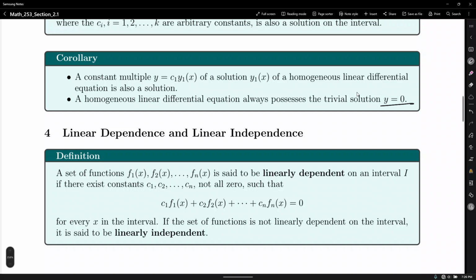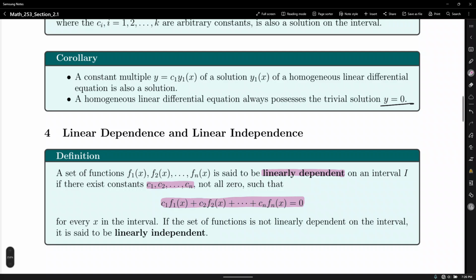Well, let's talk about the linear independence and linear dependence of these solutions. A set of functions f1, f2, f3, f4, etc., f sub n is said to be linearly dependent on some given interval if there exist some constants c1, c2, etc., c sub n, not all zeros, such that a multiple of function 1 plus another multiple of function 2 plus etc. gives us the zero function, or the trivial solution, for every x in the interval.